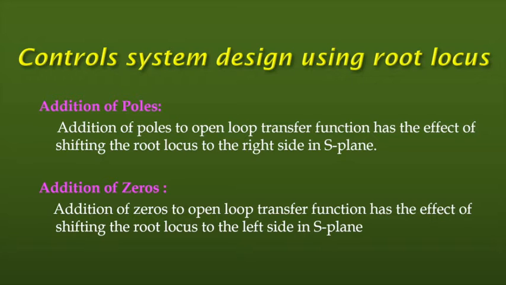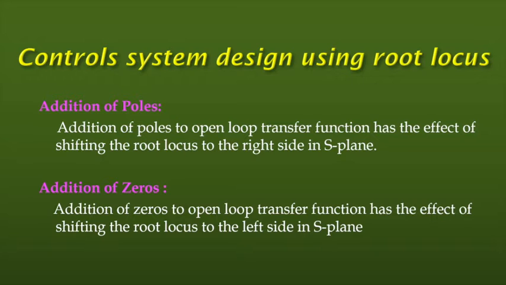Compensation is a modification of the dynamic characteristics of the control system. The new modified overall system is called the compensated control system. We know that root locus is the locus of poles for varying the closed loop parameter, usually gain k, from 0 to infinity.